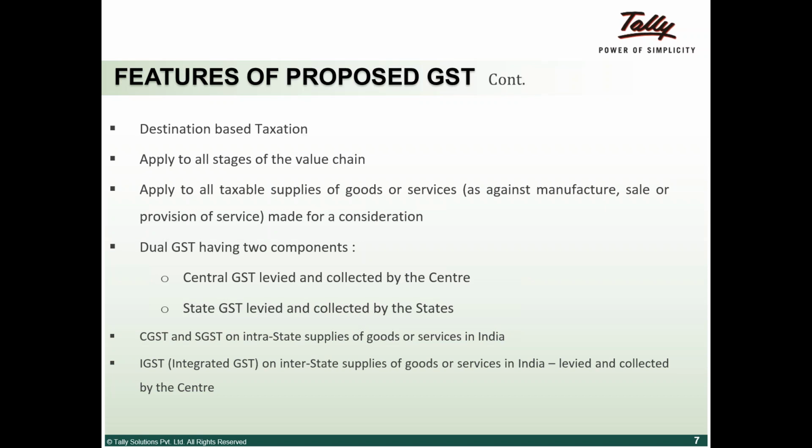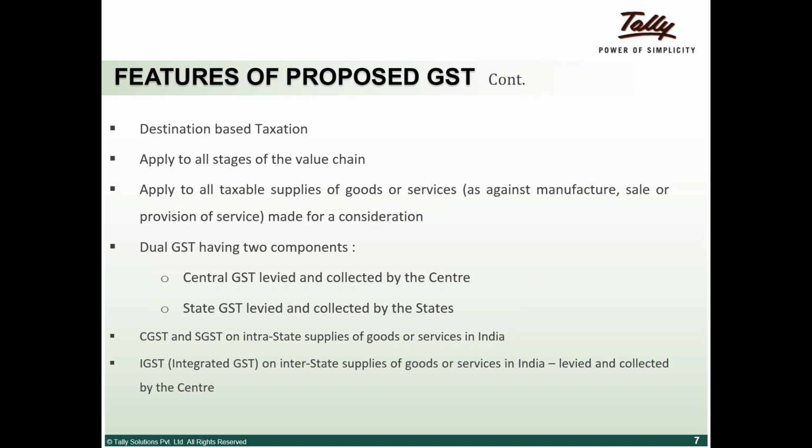So if I sell something from Bangalore to Chennai, the SGST will be payable in Chennai or Tamil Nadu. So sorry, the IGST will be payable to the account of Tamil Nadu. So what becomes important is the entire GST is based on the principle of supply and destination.